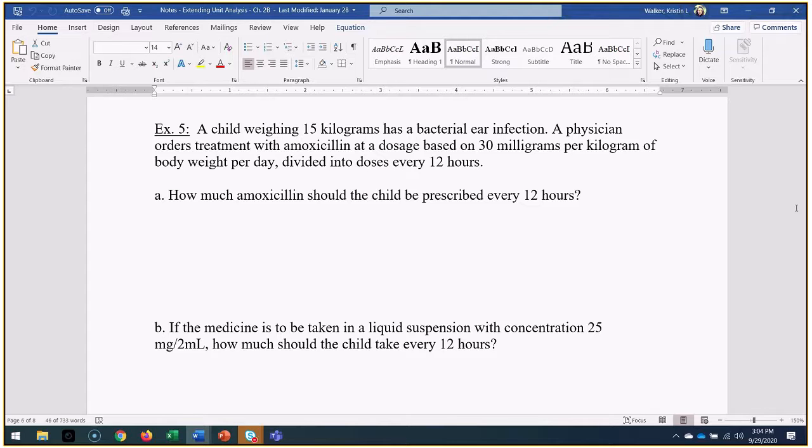A physician orders treatment with amoxicillin at a dosage based on 30 milligrams per kilogram of body weight per day. And it's going to be divided into doses every 12 hours. Okay, and then the question was, how much amoxicillin?